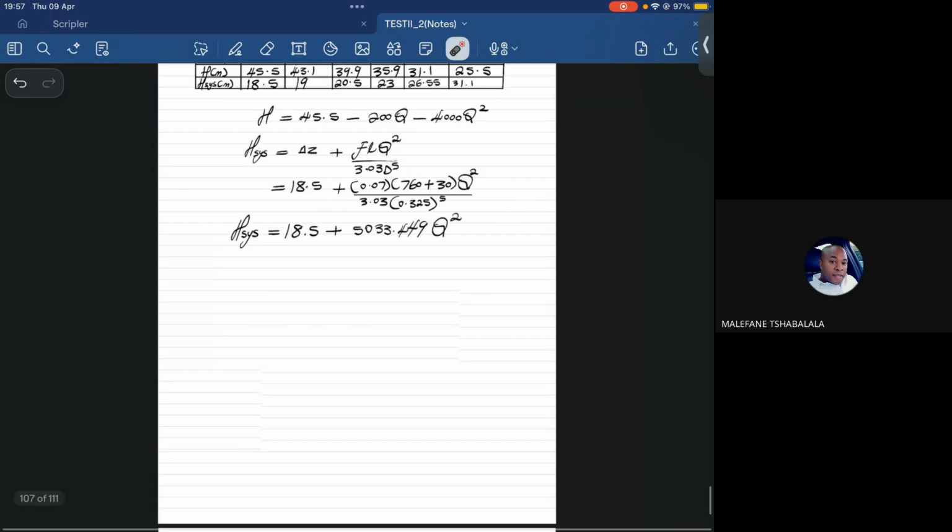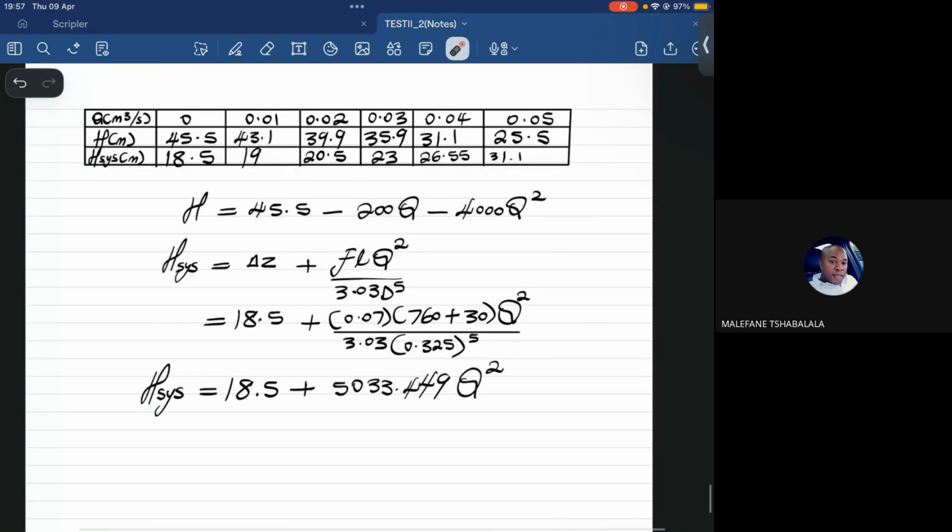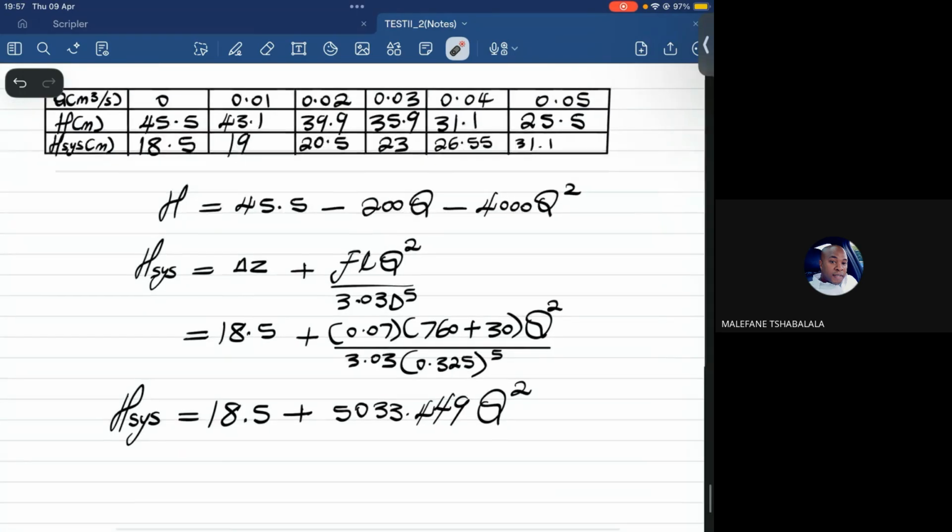So on that question, sorry to interject, does it mean in the formula, let's say I'm utilizing the pump characteristic, I have to show all the substitution of the volumetric flow rate? No, there's no need for you to show all the substitution, as long as the table has been completed. Okay.